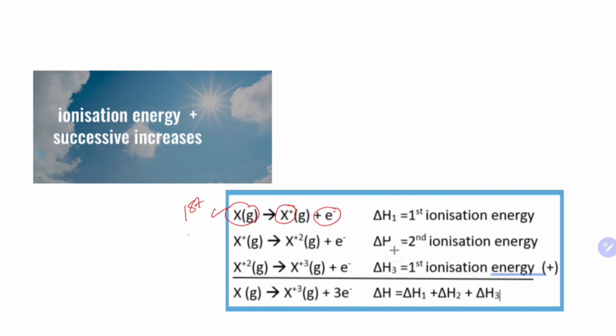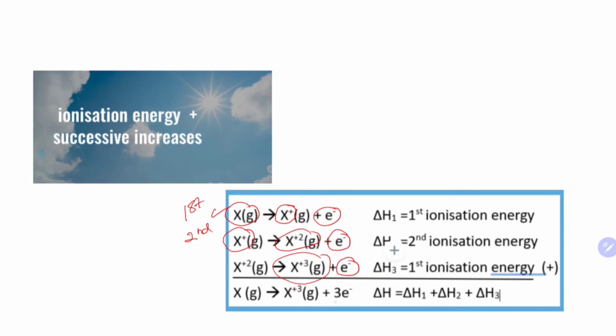The second ionization energy releases the second electron from the X plus 1 ion, and the result is a plus 2 ion. Then the third forms a plus 3 ion, releasing the third electron.